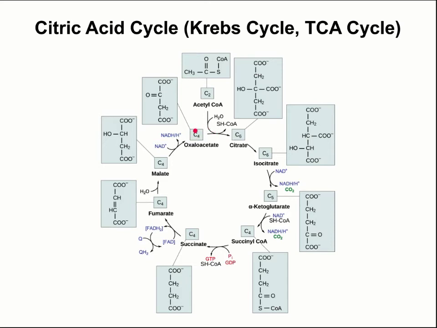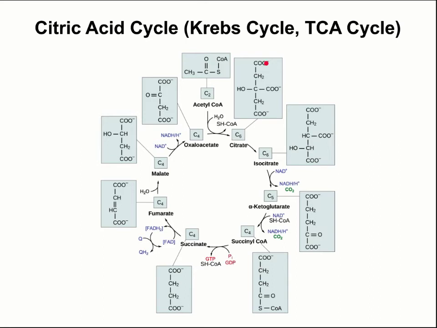Its name isn't important, to form a 6-carbon molecule, citrate, or citric acid, which gives the cycle its name. Note also that citric acid has 1, 2, 3 carboxylic acid groups, giving the cycle its other name, the tricarboxylic acid or TCA cycle. Again, the names and the structures of the intermediates aren't important.